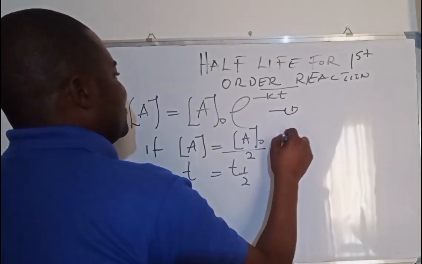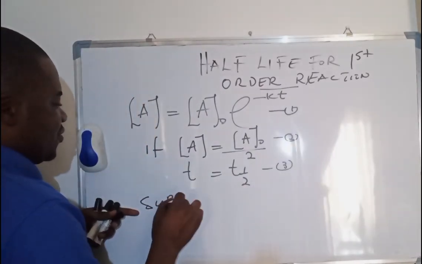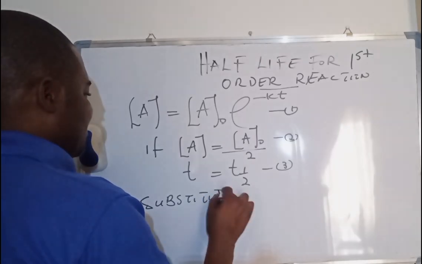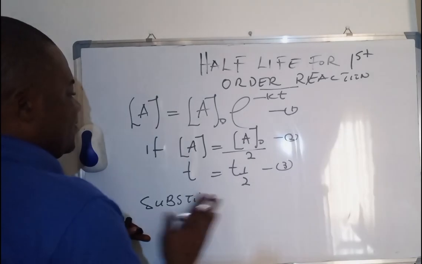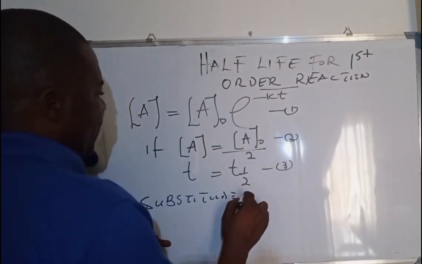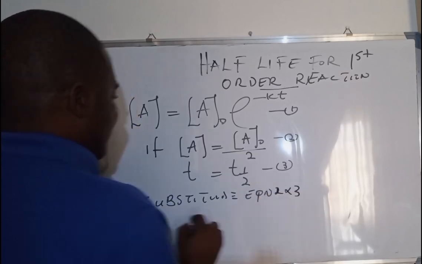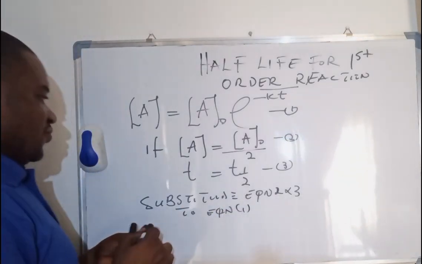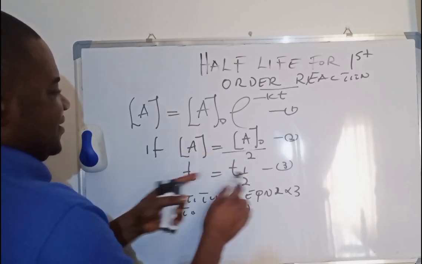If this is equation 1, this is equation 2, this is equation 3, we can simply substitute equations 2 and 3 into equation 1. So it means that we'll now place where we have A with this and t with this.